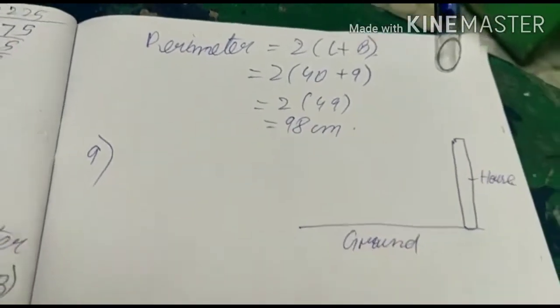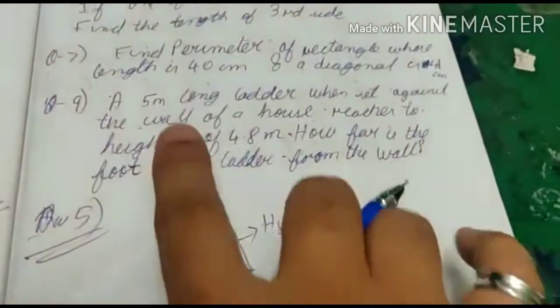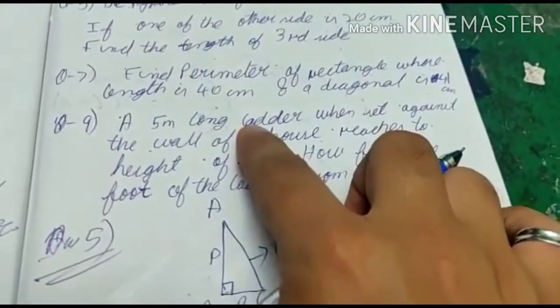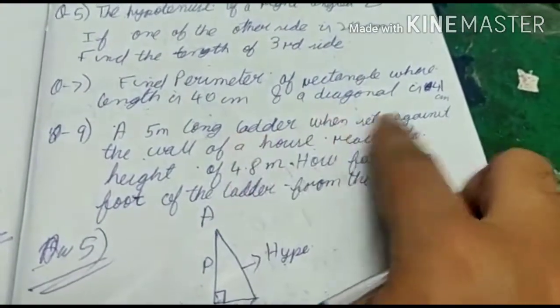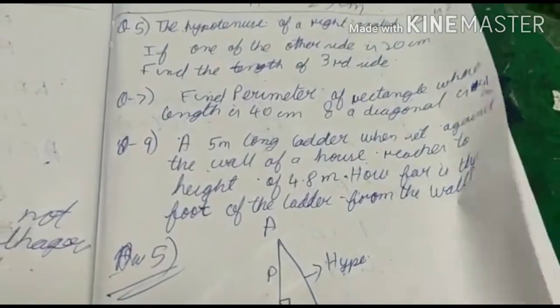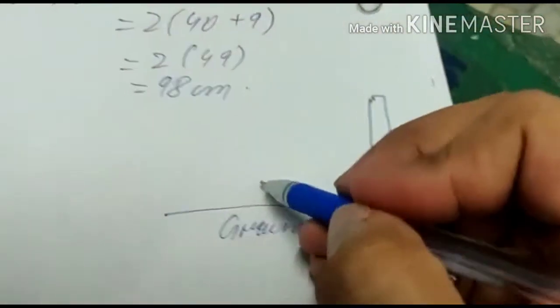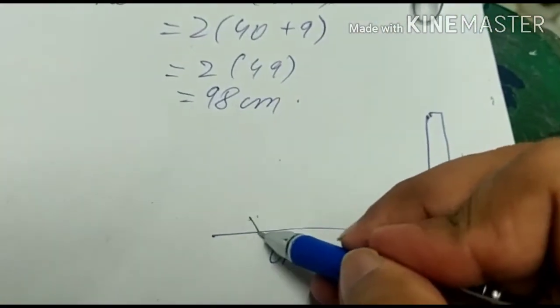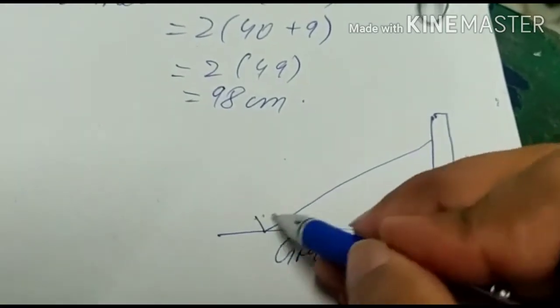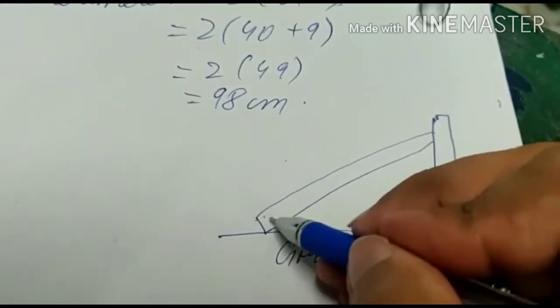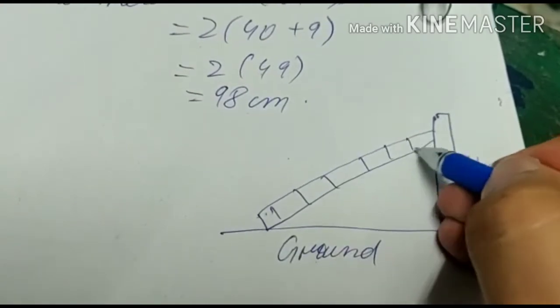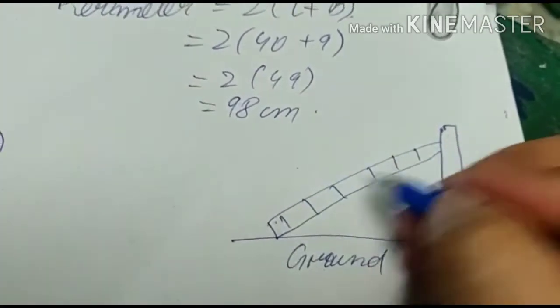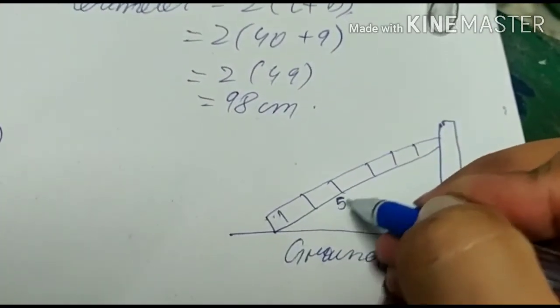A ladder is always kept in this way, and the length of the ladder is 5 meter.